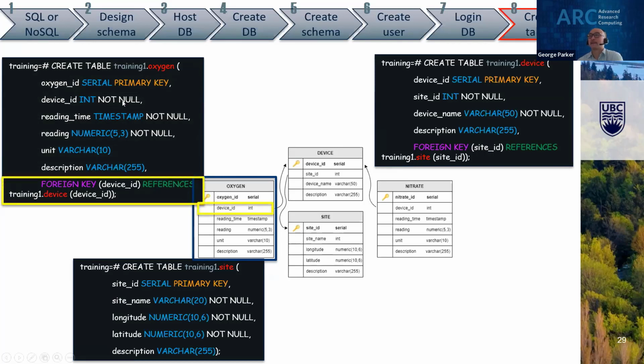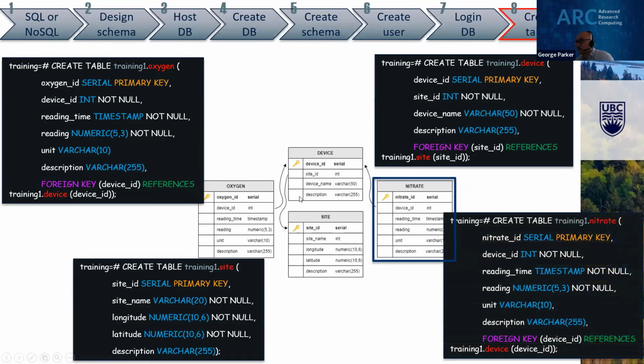Some of the fields must have data, but some fields are okay. In this table, I have a device ID field, and that field is a foreign key. This foreign key references the device table, device ID field. That's this one. And similarly, you can prepare the syntax for generating the nitrate table.